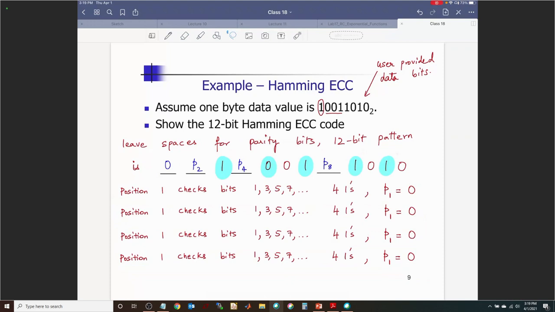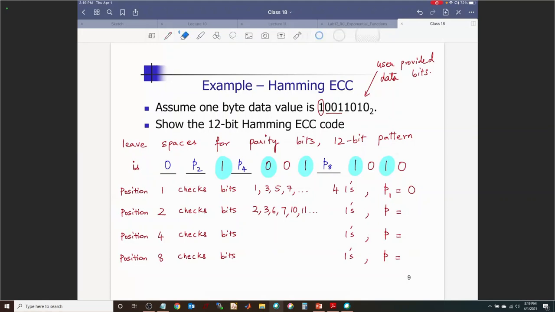As I go along, I'm going to erase that. I don't know the number of ones. I don't know these guys, and I don't know those guys. So this is going to be position 2, position 4, and position 8. It is going to check for bits number what? This is going to be 2, 3, 6, 7, 10, 11, and so on.